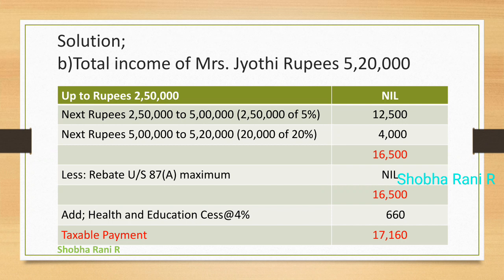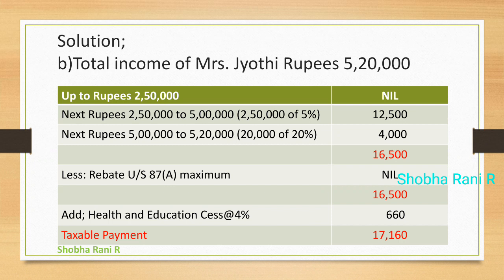The assessee need not pay any tax. Next, rupees 2,50,000 to 5 lakh, it is 5%. So we have to take the difference of these two, 2,50,000 to 5 lakh. The difference amount is 2,50,000. On this, we have to take 5%. It comes to 12,500.